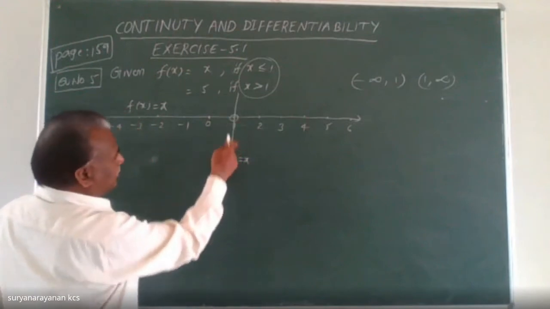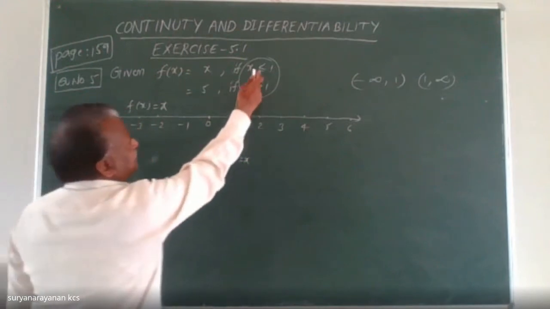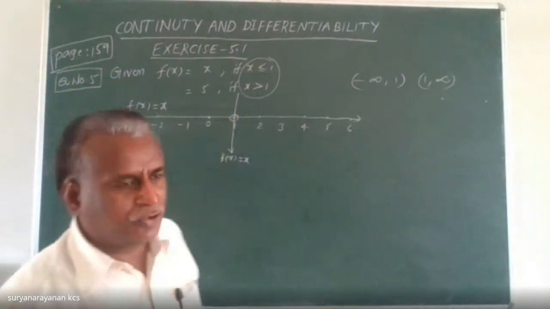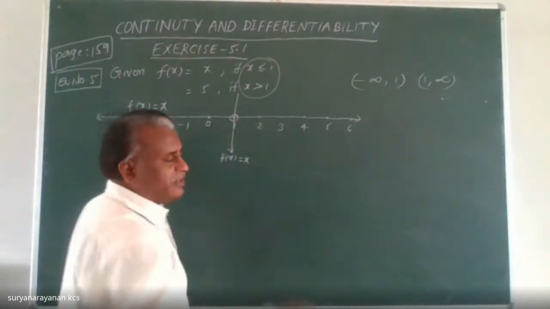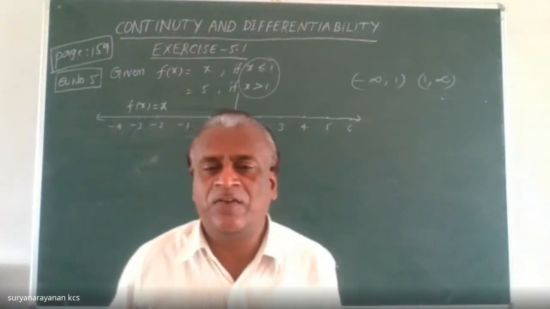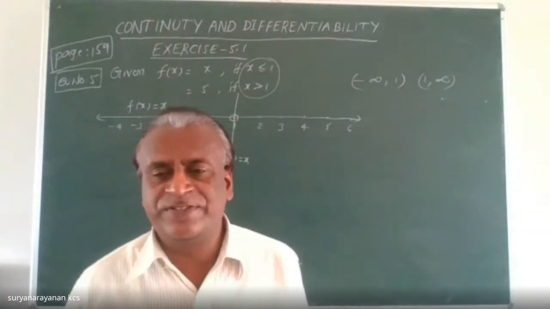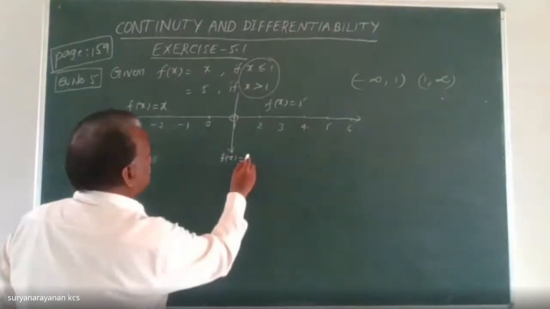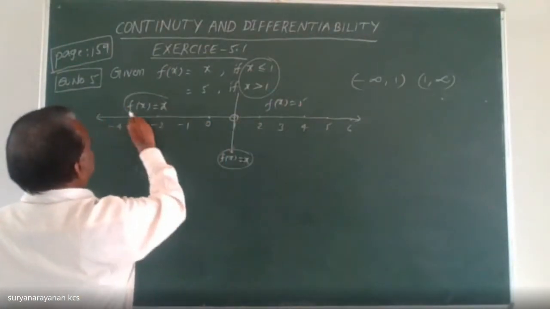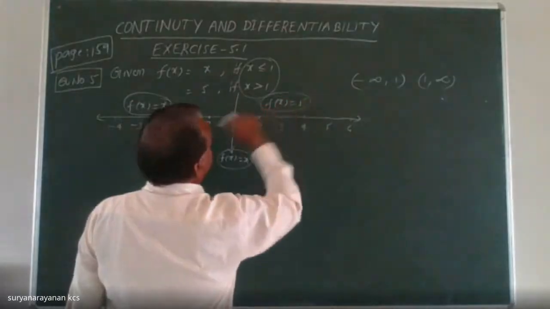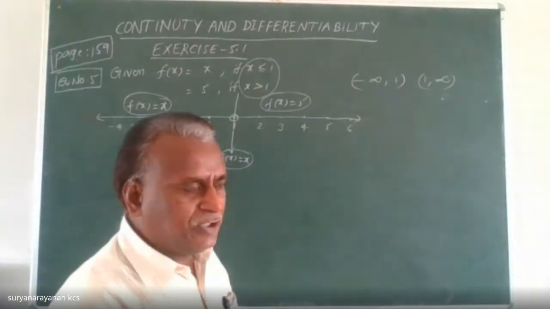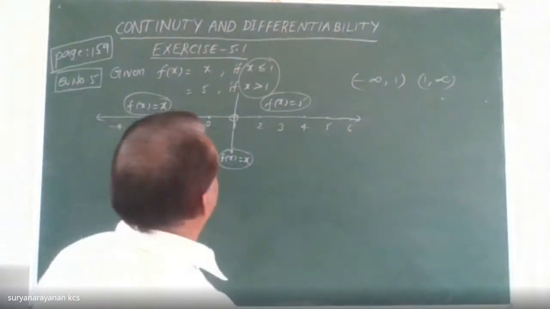At x is equal to 1 also, f of x is defined as x. If x is greater than 1, what is f of x? 5, sir. Yes, f of x is equal to 5. So, see these 3 parts. Now, we have to verify the continuity of this function at x is equal to 0 points.